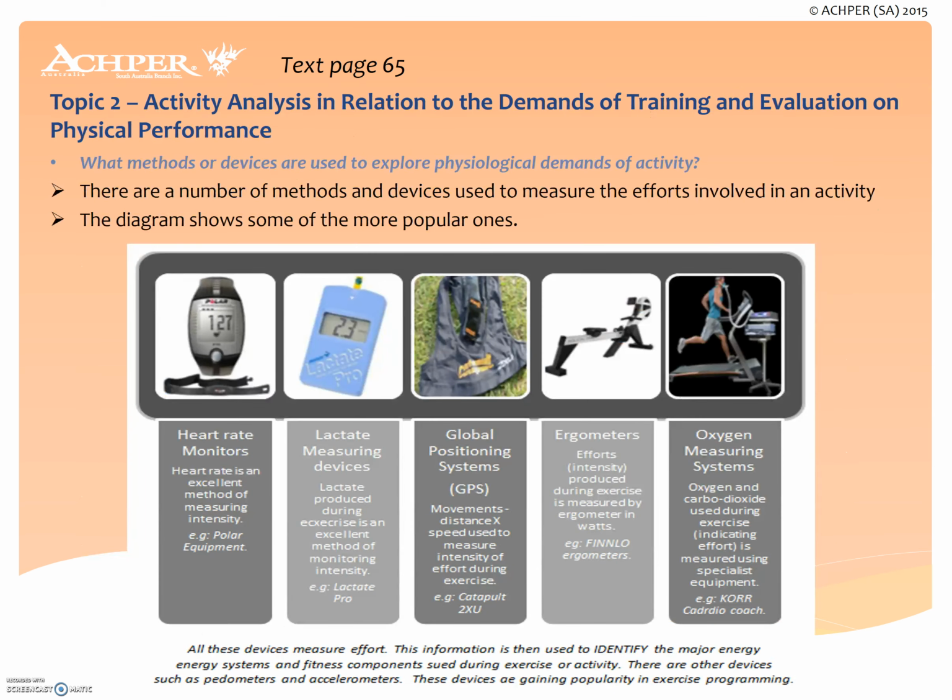So here we are. What methods or devices are actually used to explore the physiological demands of activity? There are a number of these methods or devices, and it really comes down to the availability of the device, but more importantly for us, we need to understand a couple of them and know what the popular ones can do.